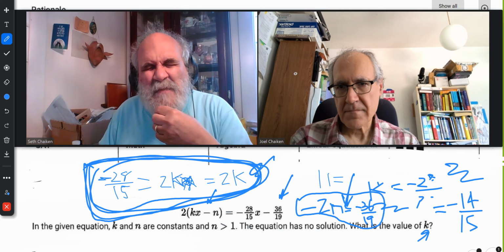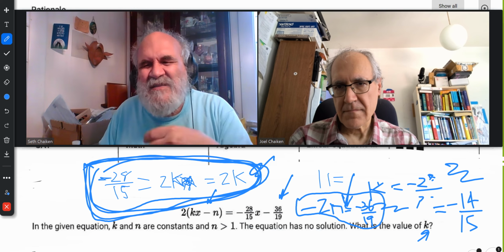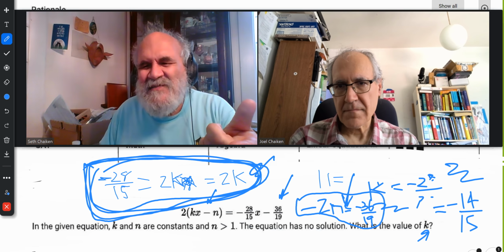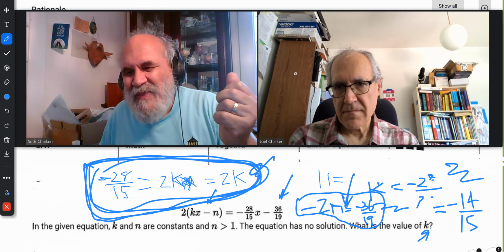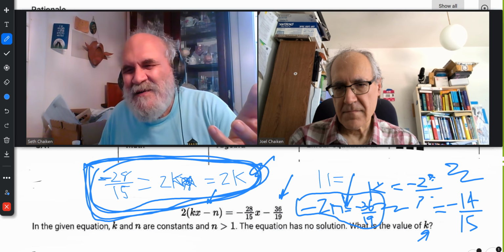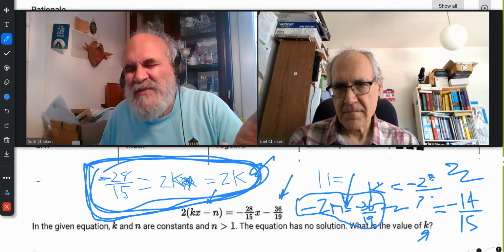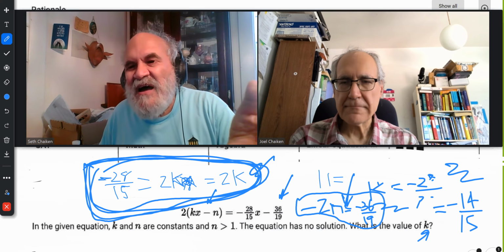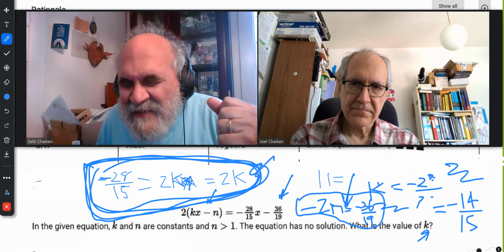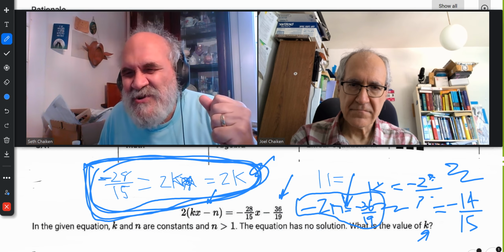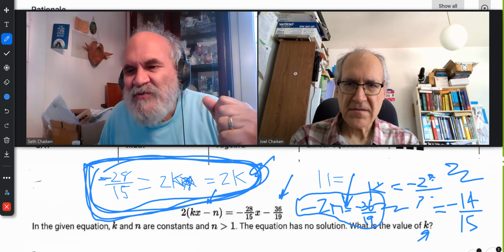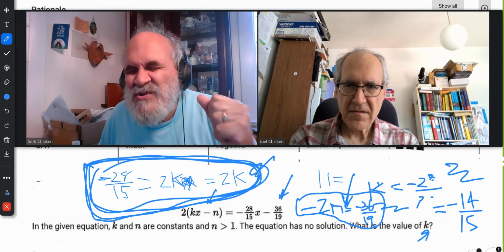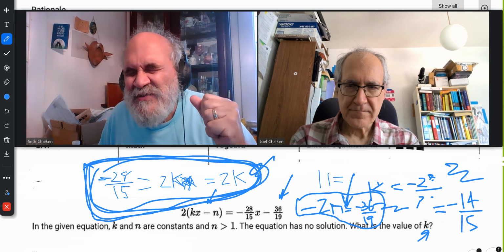The logic of this problem is not, given k, tell whether it has no solution. The logic is, given that it has no solution, find k.